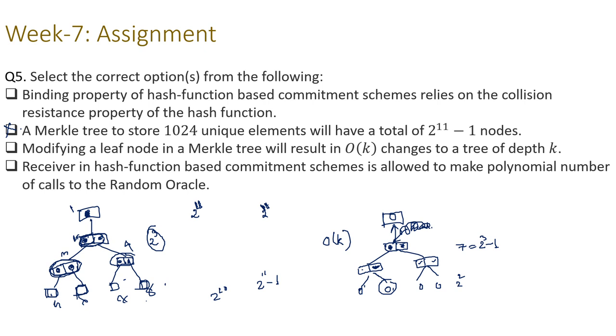The answer that the 4 leaf nodes that you are giving as an example, in this also the number of nodes that are coming is 2 raised to power 3 minus 1. So 7 nodes are coming, right?